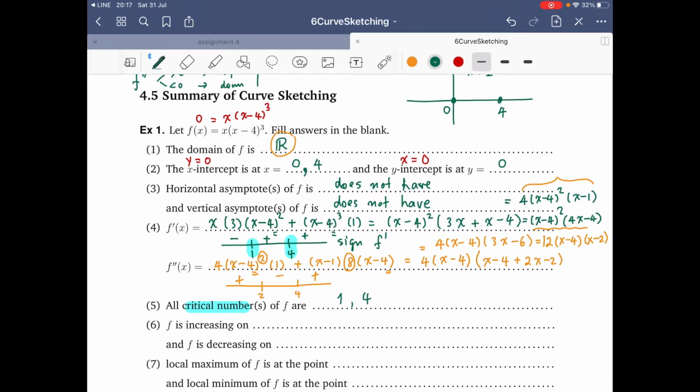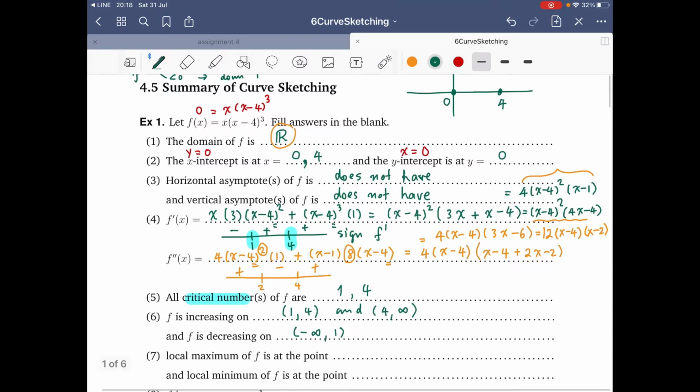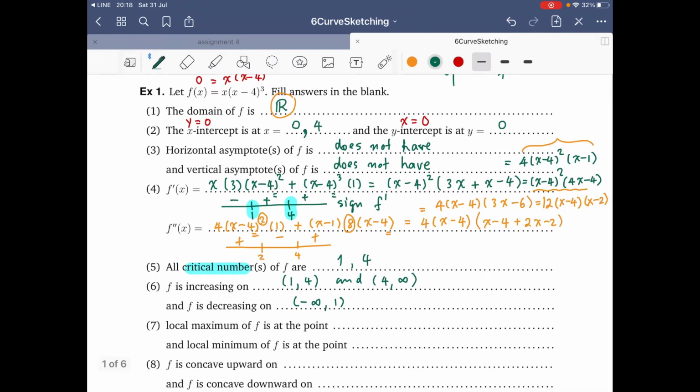And your f is increasing, so it means that it is determined by your f prime being positive, right? So from 1 to 4 and from 4 to infinity, is it? And your f is decreasing from negative infinity to 1, determined by your f prime being negative. A local max is at the point where this one is going down and then it's going up and then it keeps going up, right?